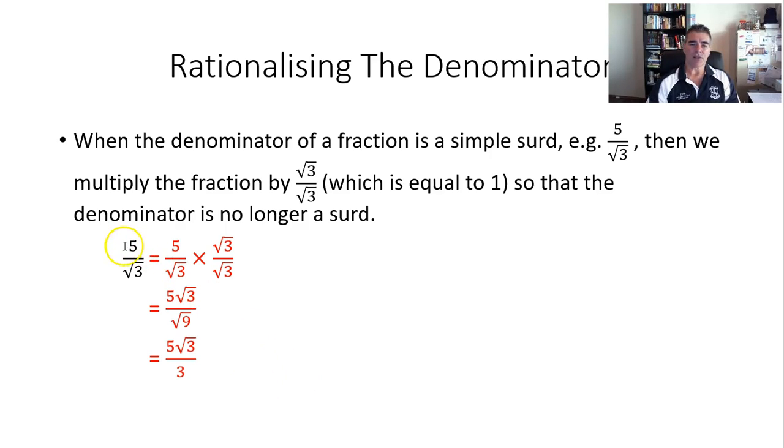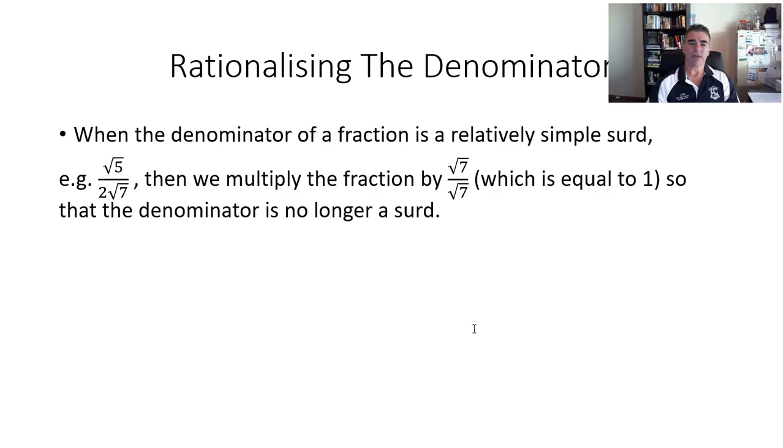So we've changed a fraction with a surd in the denominator to a rational number in the denominator, in fact an integer. I don't care about a surd being in the numerator, it's the denominator that I'm worried about. When it's a simple fraction like that, just multiply by root 3 on root 3. So the denominator determines what we multiply by here.